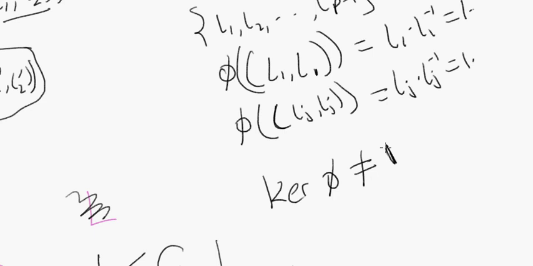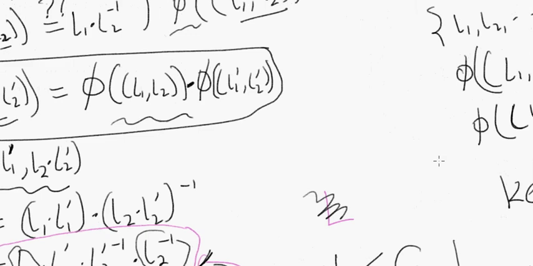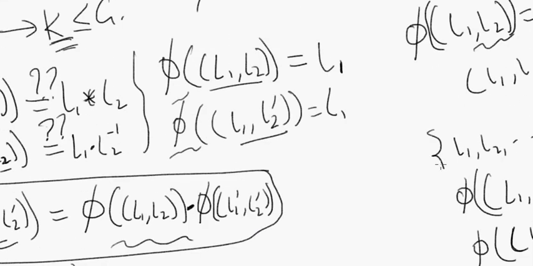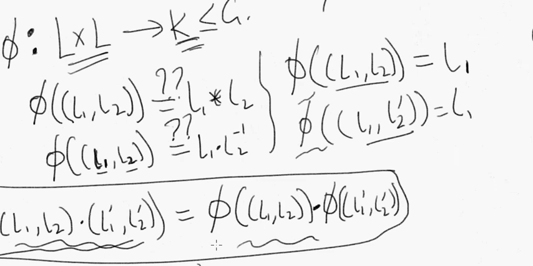If the kernel of phi does not equal the identity, well, how can phi be injective? So if phi is not injective, how can phi be an isomorphism, right? So again, this was perhaps a good try, but either way, it's not helping us to gain an isomorphism between L cross L and a subgroup of G.